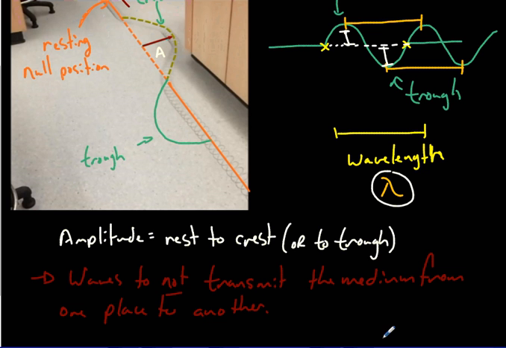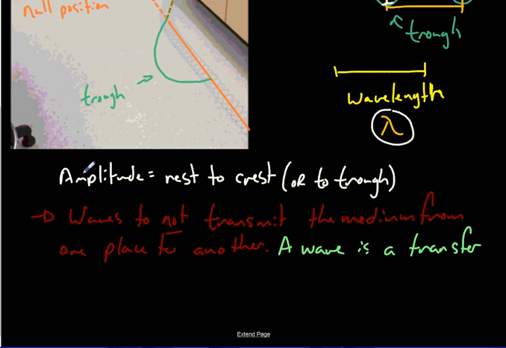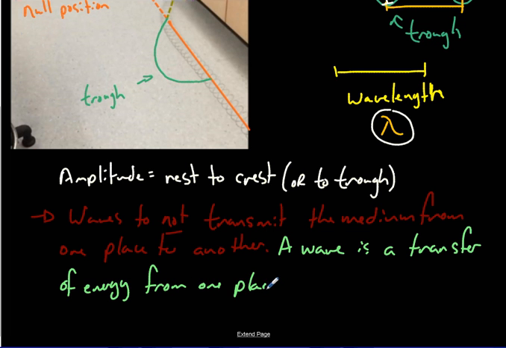Okay? So what the wave is considered to be is a transfer of energy. So a wave is a transfer of energy from one place to another. Okay? And again, no medium is moved in the process.